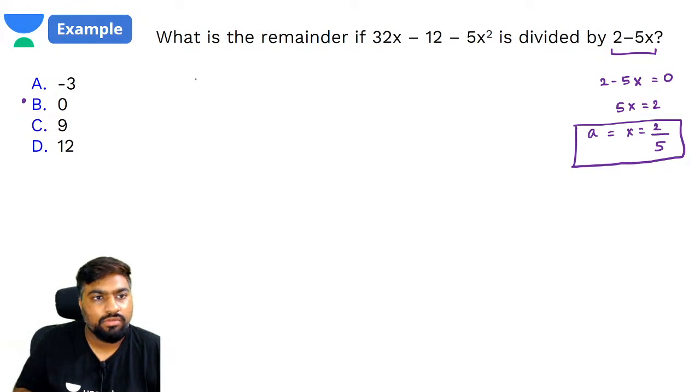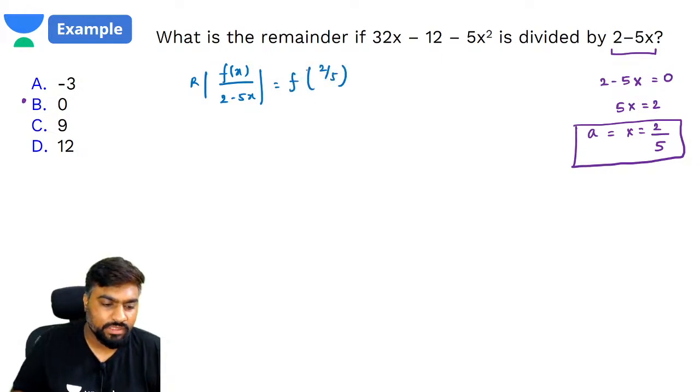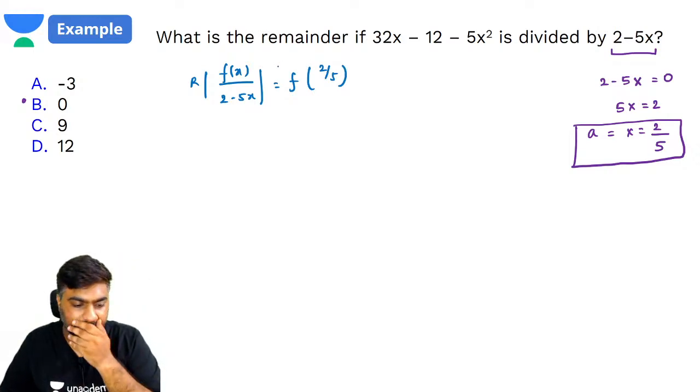तो what do? Remainder when f of x is divided by 2 minus 5x is equal to f of 2 by 5.